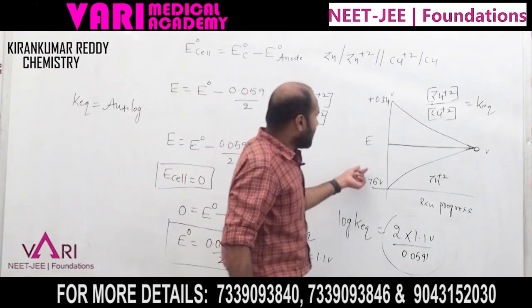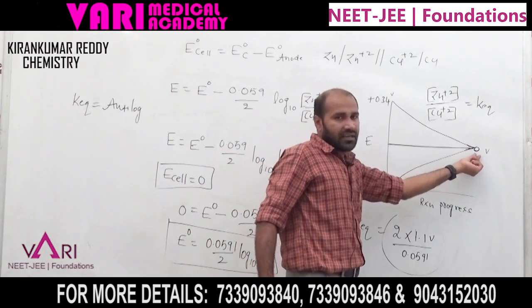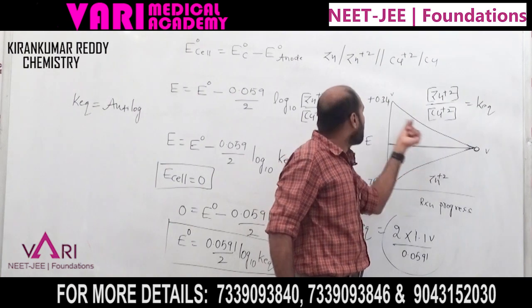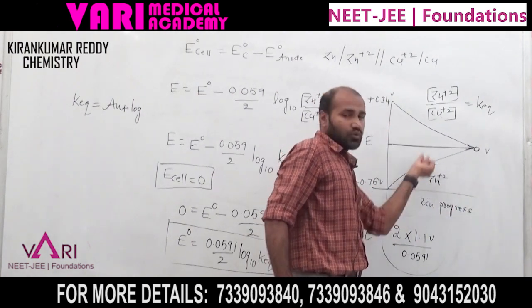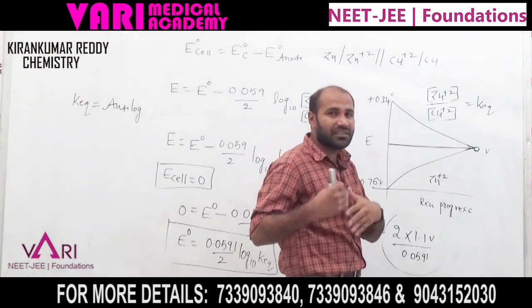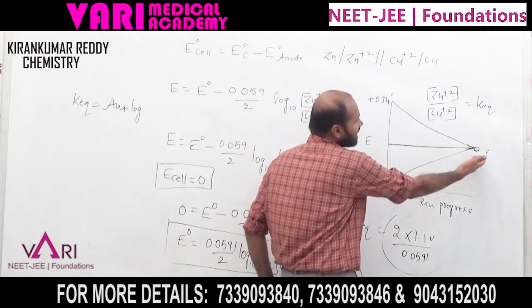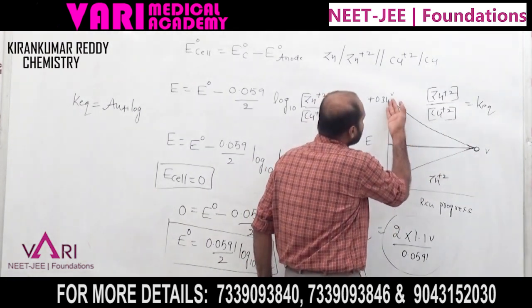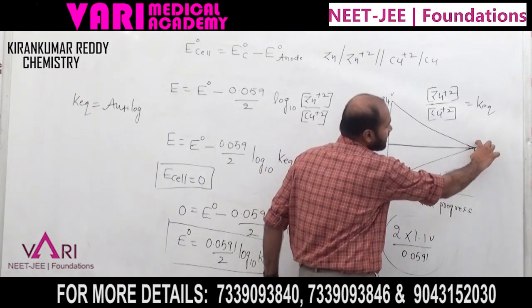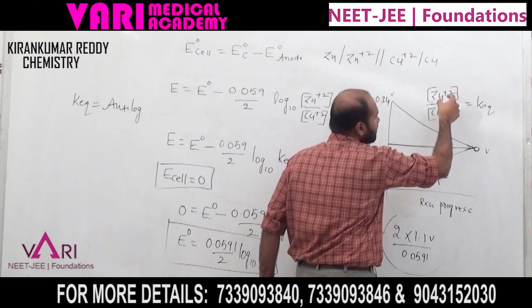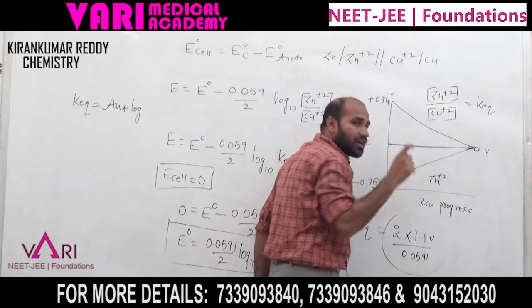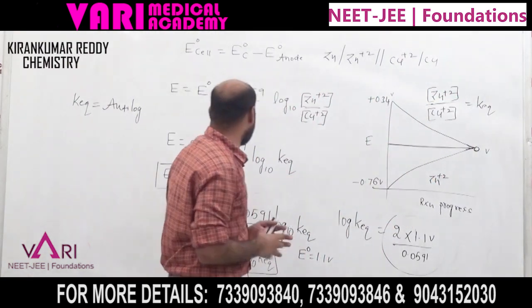When the reaction progresses, Zn plus 2 concentration increases and potential goes to 0; the other potential decreases and also goes to 0. At equilibrium, K equilibrium is equal to Zn plus 2 concentration by copper plus 2 concentration.